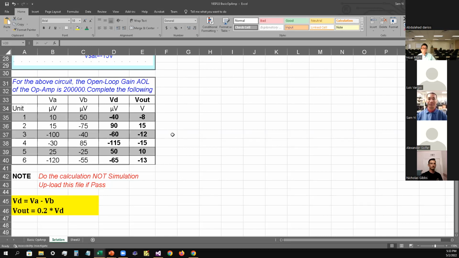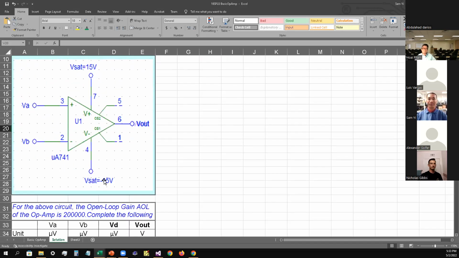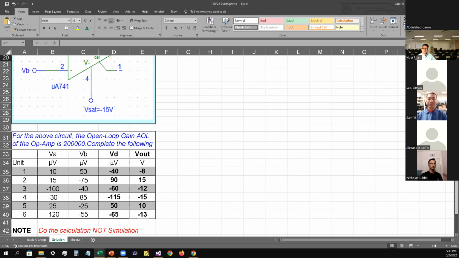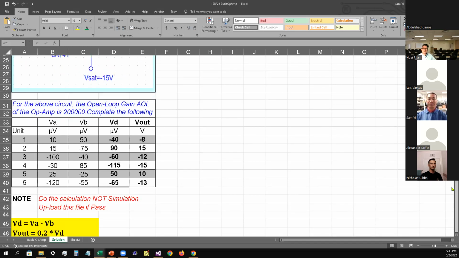Okay, so remember, if you go above 75 or below minus 75, it goes to saturation. Saturation is 15 maximum according to this one right here. You've got saturation either at negative 15 or positive 15. Right. It cannot go more than that. Yes, that's the cutoff for this op amp. And that would be true also for number 4.